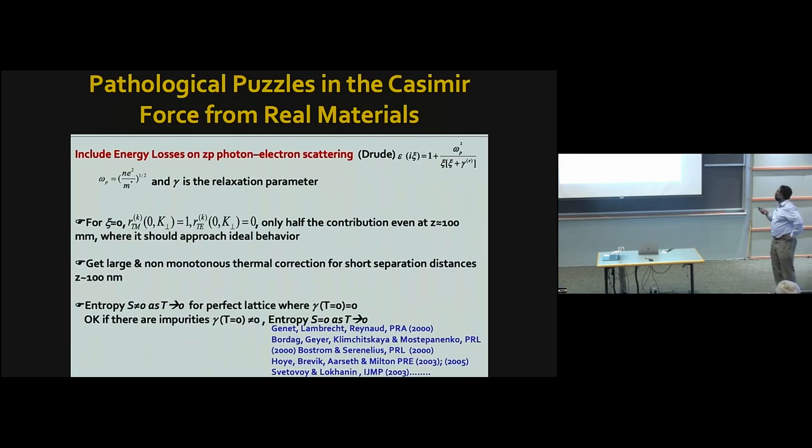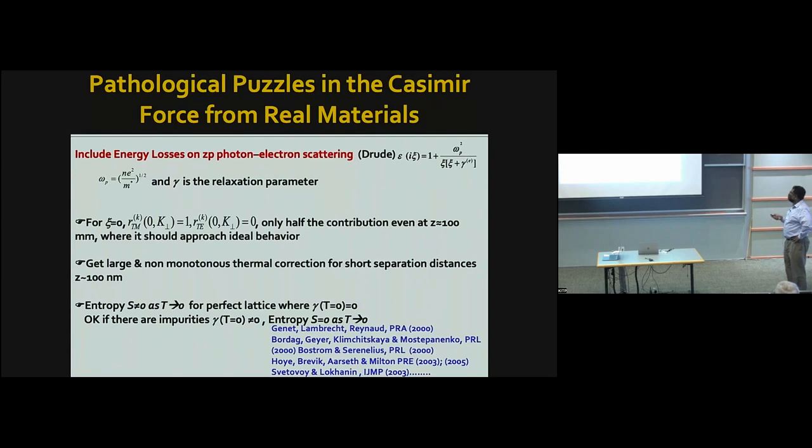It has a relaxation parameter, an imaginary component, which comes from the photon scattering. It has to be in there. But the problem is that when you go to large separations, at zero Matsubara frequency, the TE mode goes to 0 for real materials, which means you get only half the contribution to the Casimir force. So the Casimir force goes to half when you put a real material in with this description, which is what Galina was alluding to earlier. And you get a large monotonic thermal correction, which you can check for experimentally, even at short distances.